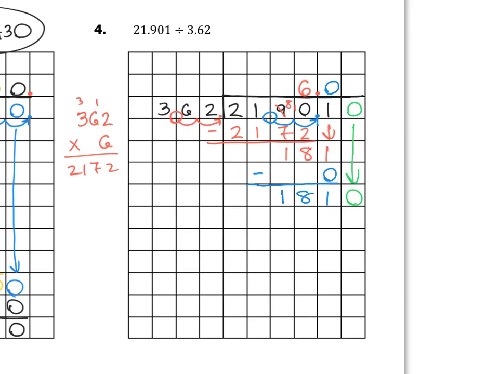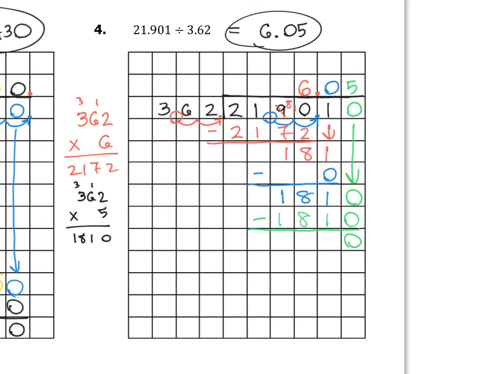I know 362 times 6 is too big, so let's try 362 times 5. 362 times 5 is going to be exactly 1,810, so that means I can place a 5 here in my 100th spot and multiply, subtract, and get 0, which means I'm done dividing, and my answer is 6.05.